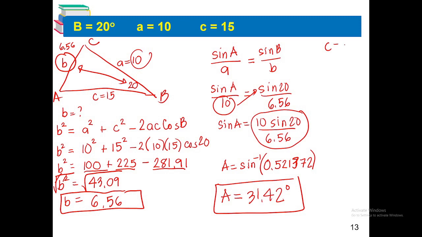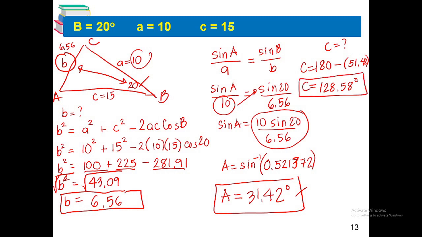Angle C is 180 minus the sum of angle B and angle A. 20 plus 31.42 is 51.42. So 180 minus 51.42 is 128.58. Do you have the same answer?